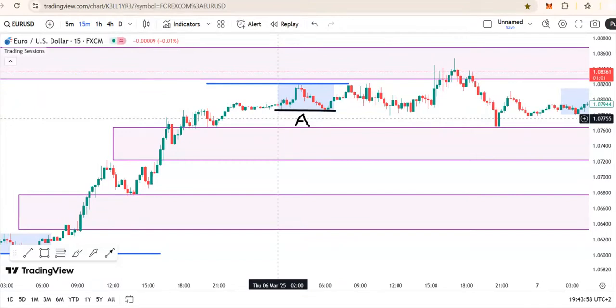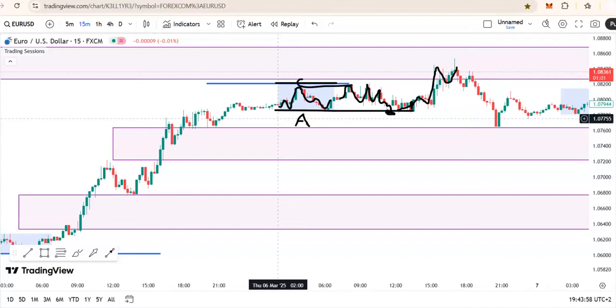So what do we see here? During the Asian session, price was moving in this range, and as we're getting closer to the London Open, what happened? Price continued moving in this range, and what else do we have? After London opened, we swept the lows, and we had this manipulation move towards what?